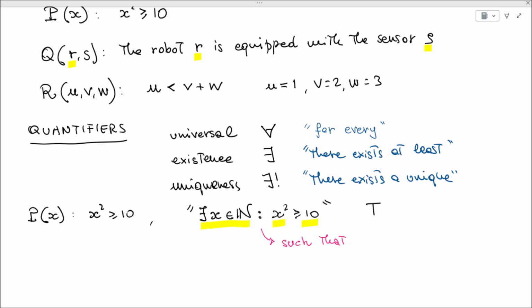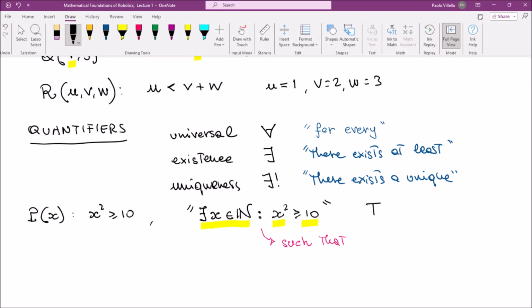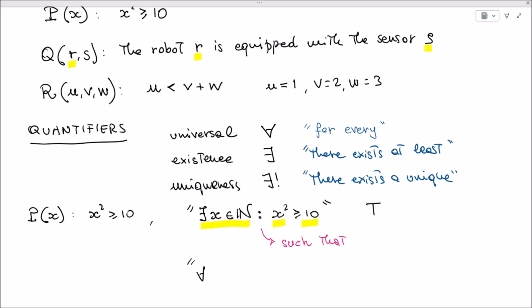If we instead use the other quantifier, which is for every x in the natural numbers, we can say that x to the square is larger than or equal to 10. Well, in this case we have a new proposition, but this is definitely false, because it is not true that for every natural number x to the square is larger than or equal to 10.